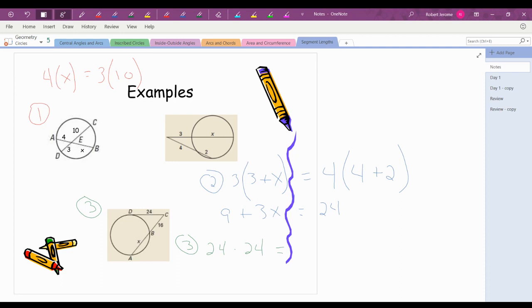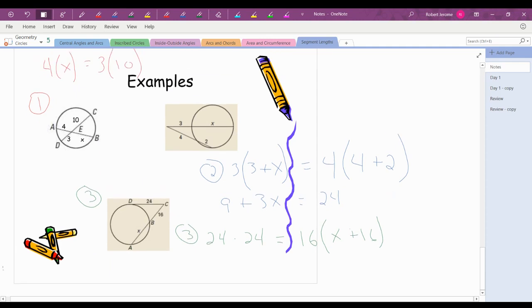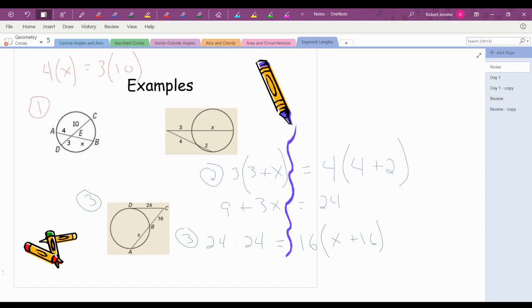And then the other one is a secant, so it's 16 times, again, the whole thing, so x plus 16. So just be careful here that you make sure you do the outside times the whole thing. And again, I'm going to leave that for you to do the algebra and work that out. Okay. You can certainly finish it up from there.